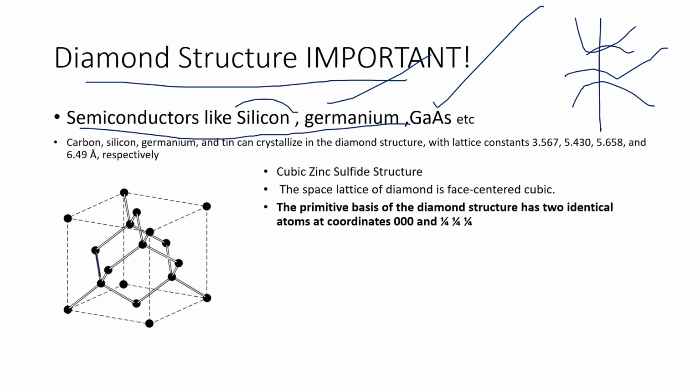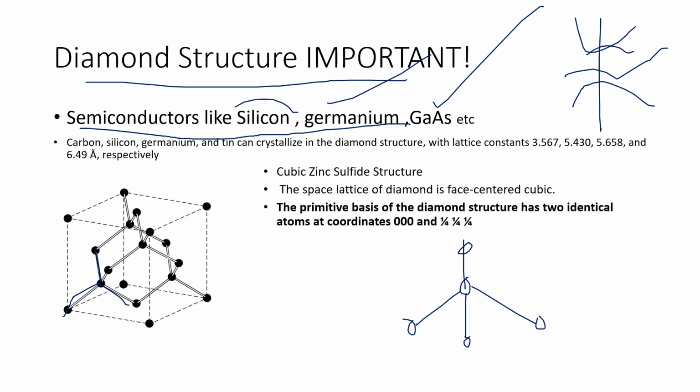So here the basic shape is this. We have a tetrahedral. Let me draw here. At each and every atom of silicon, it is going to be sharing with four other atoms of silicon. So this is the basic structure and it is repeated.